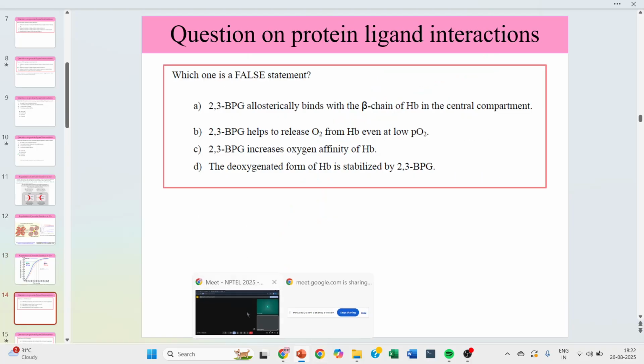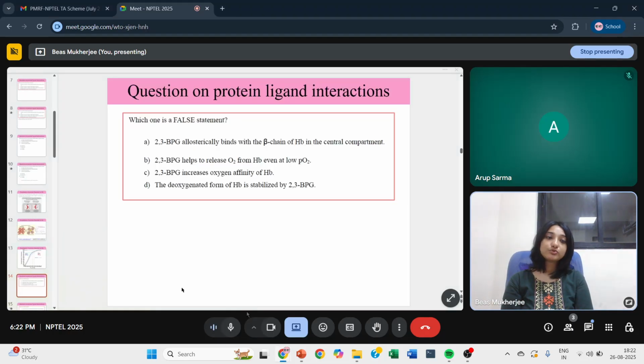Right. Now you can try to answer this question. Which one is a false statement? A says 2,3-BPG allosterically binds with the beta chain of hemoglobin in the central compartment. Try to recall the figure that we just saw. B says 2,3-BPG helps to release oxygen from hemoglobin even at low partial pressure of oxygen.